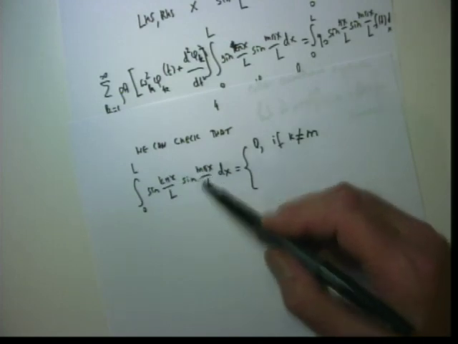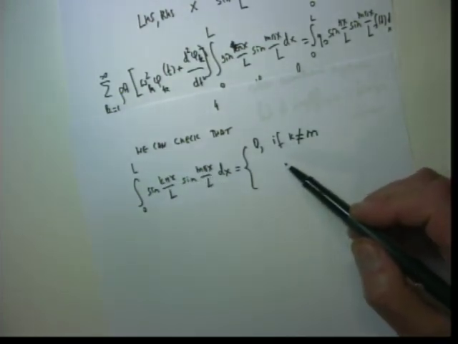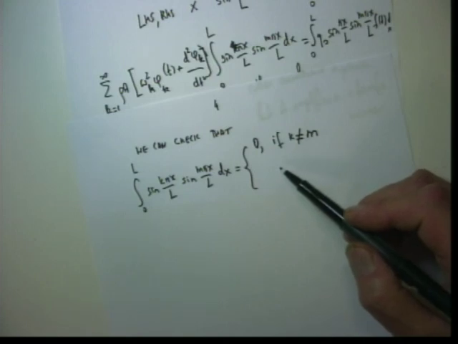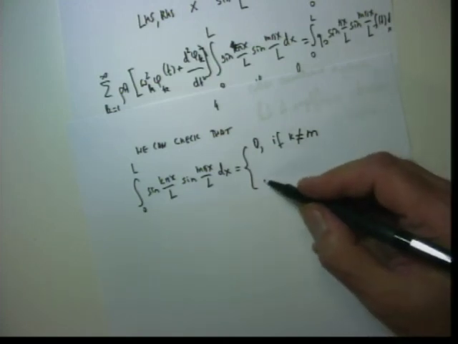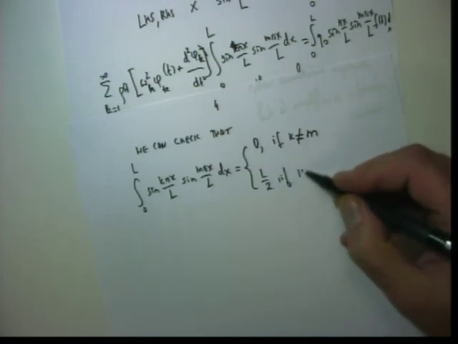So these two numbers should equal each other, otherwise it is 0. And it equals L over 2 if k equals m.